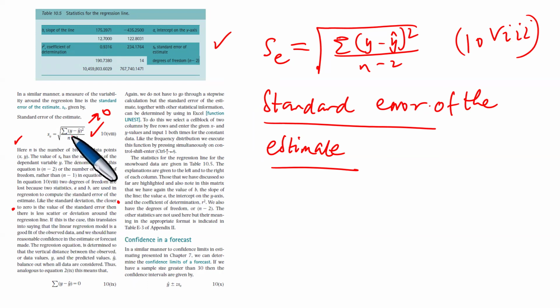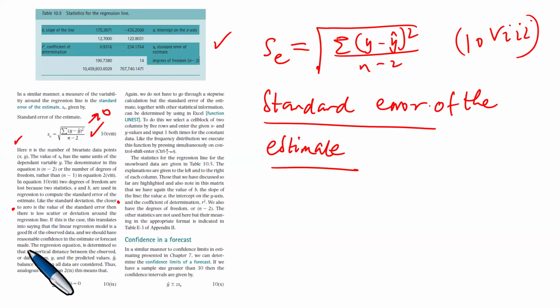So if this is almost 0, it means there's less scatter around the regression line. This translates into saying that the linear regression model is a good fit of the observed data, and we should have reasonable confidence in the estimate or forecast made.